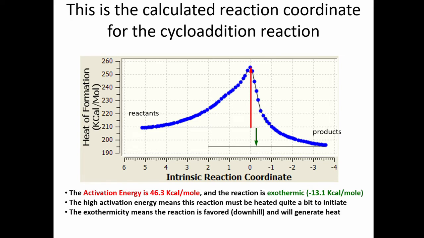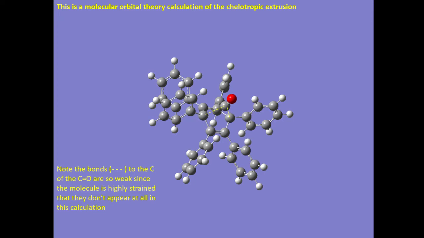Because of this high activation energy, we're going to need to heat our reaction quite a bit in order for the reaction to get started. And because of the exothermicity, this reaction will also generate even more heat. So for this experiment, heat is going to be a very big factor.